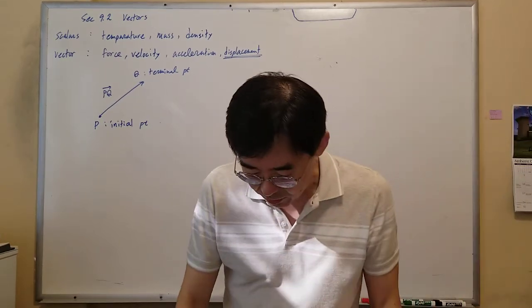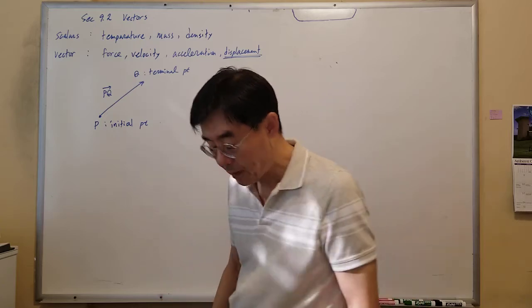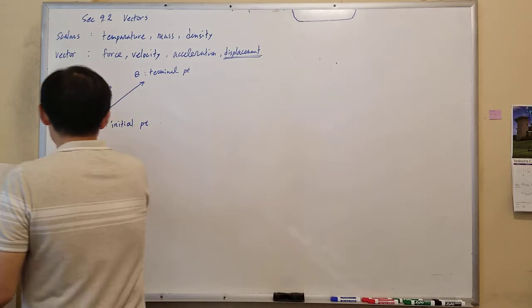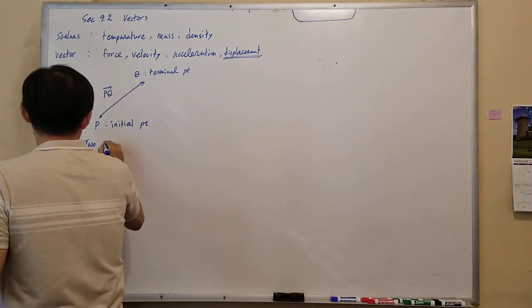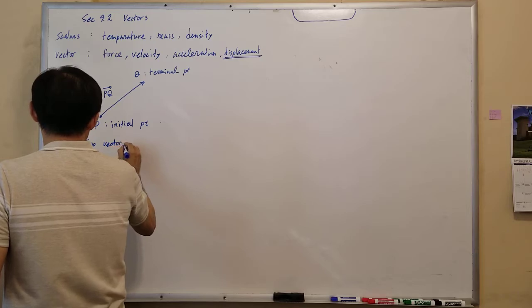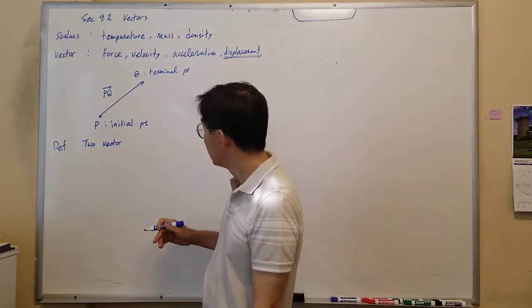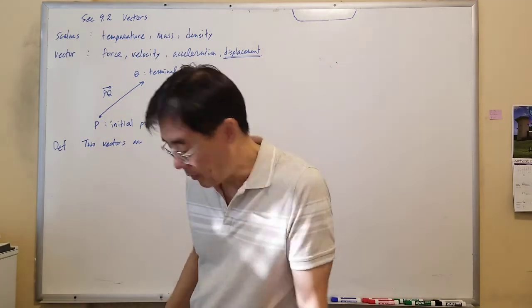Okay, so now in vectors, two vectors. What does it mean for two vectors to be equal?